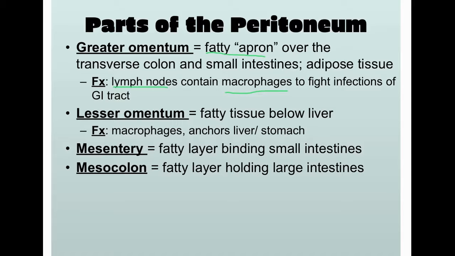That is the part of the peritoneum that is between the liver and the stomach, so it anchors the liver and the stomach together. You have the mesentery, and that's the fatty layer, part of the peritoneum, which binds and holds the small intestines together. And then you have the mesocolon, which is the part of the peritoneum which holds the large intestines in place.